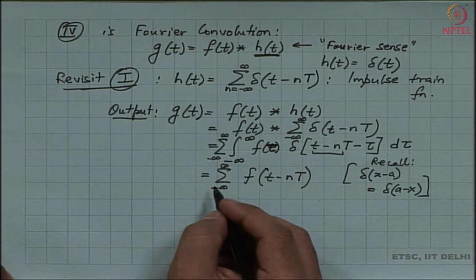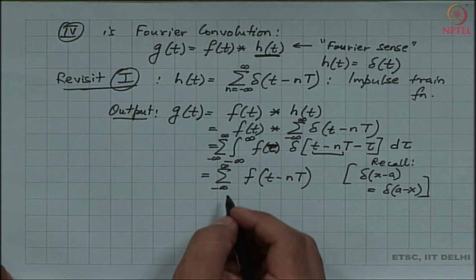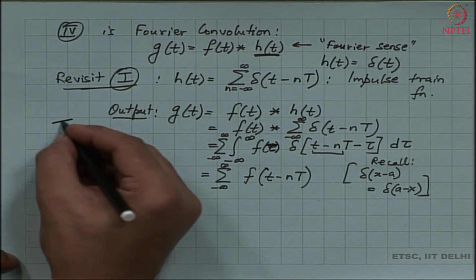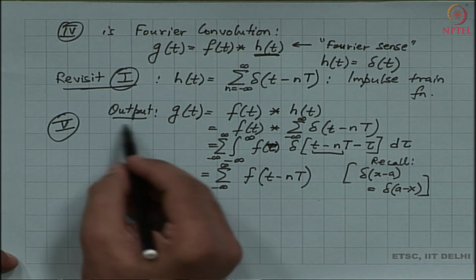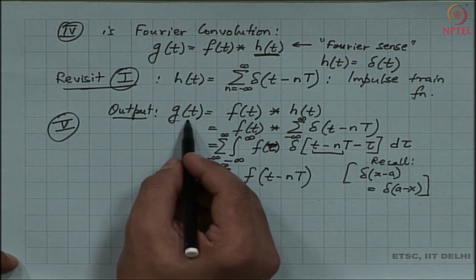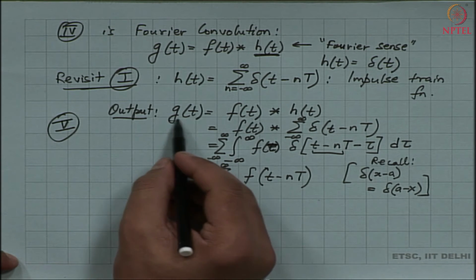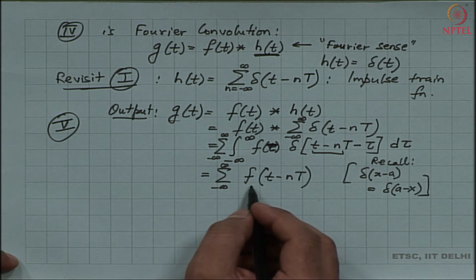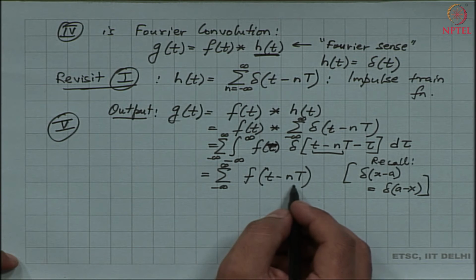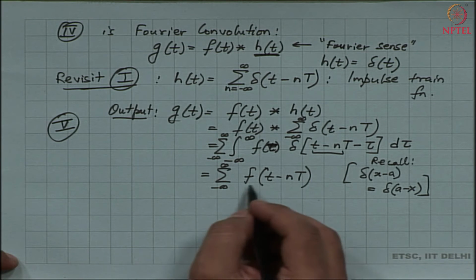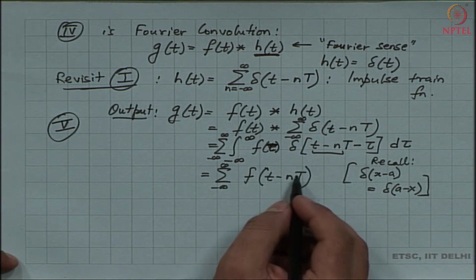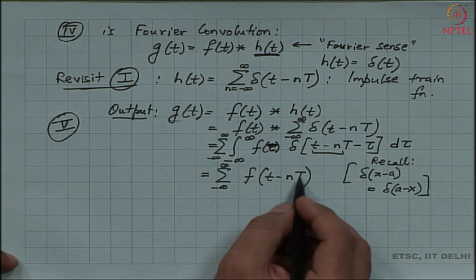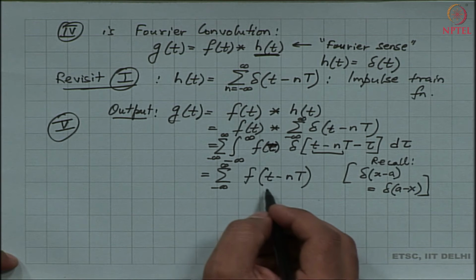Okay. So, then what I have shown here is the following. This particular expression, let me call this 5. I have shown here that the output of any signal can be represented by an infinite sum at discrete points of time, an infinite discrete sum of the input at regular time intervals.